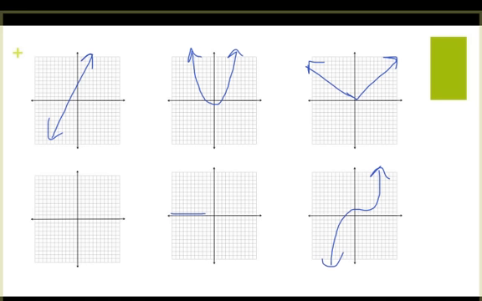We're going to have growth functions and rational functions. So that's just a little tidbit about those.